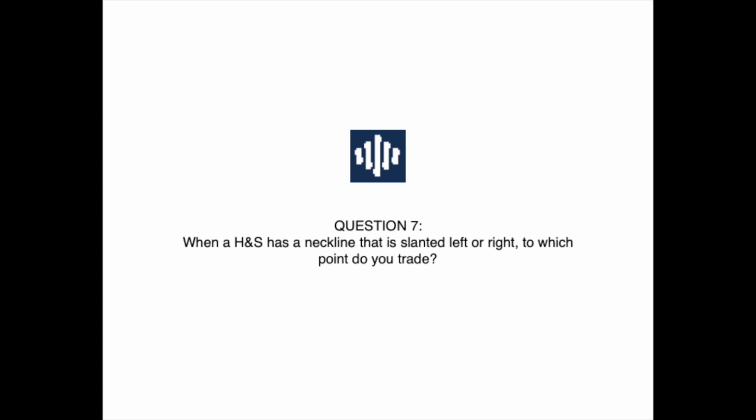But it is difficult to trade. Why? Because you do not know exactly the level that it is breaking out. That's why I like to see the horizontal necklines, and it gives me a better feel of when the breakout is taking place.